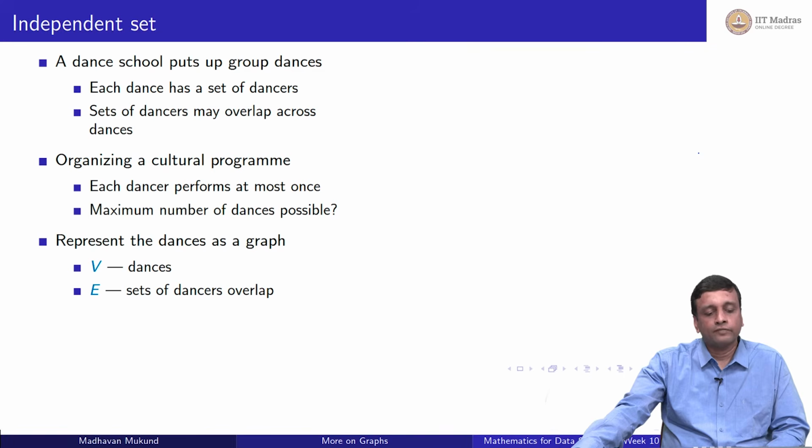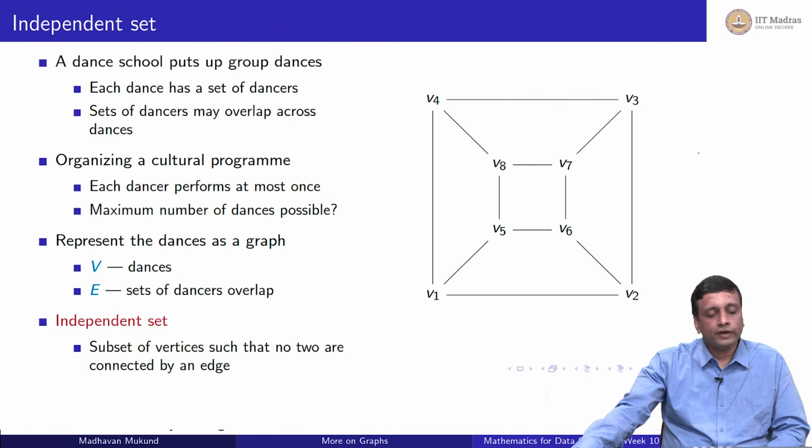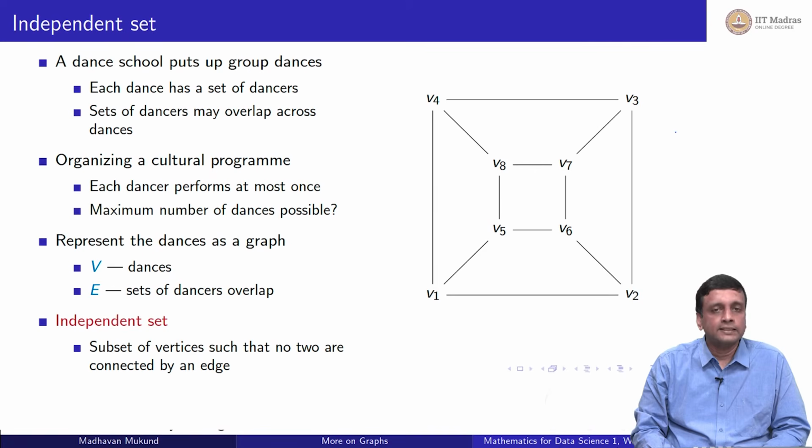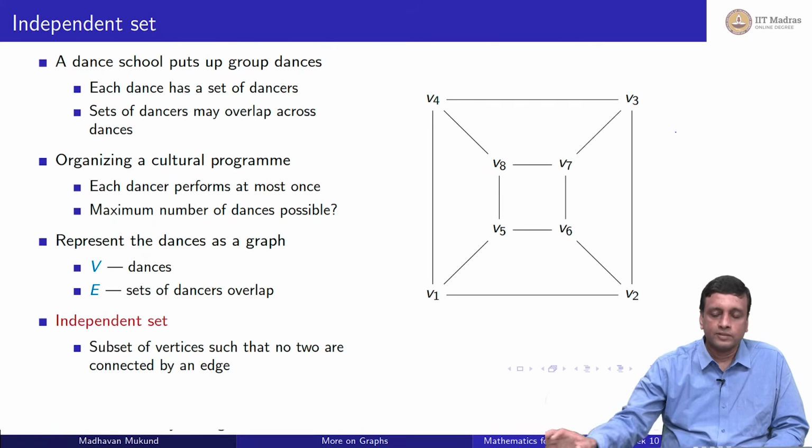So this is our graph, and now we want to find what's called an independent set. We want to find a set of vertices such that there is no edge between any two vertices in that set. We want to pick a set of dances so that no two dances in the set share a dancer and therefore require a dancer to dance twice.